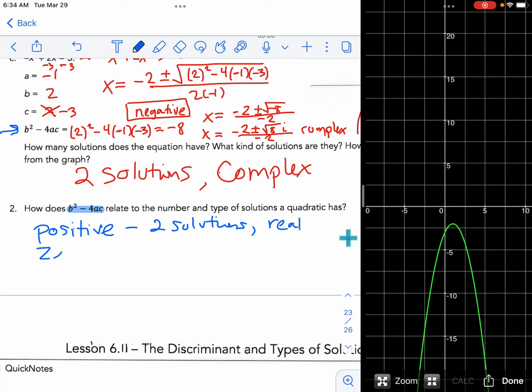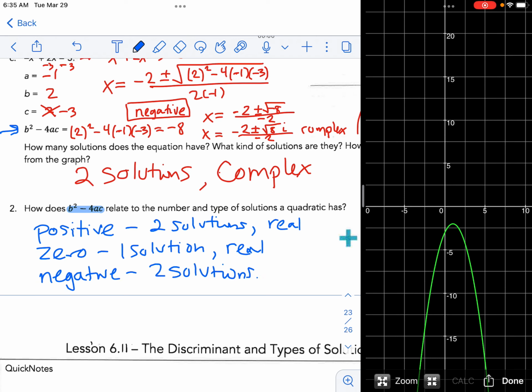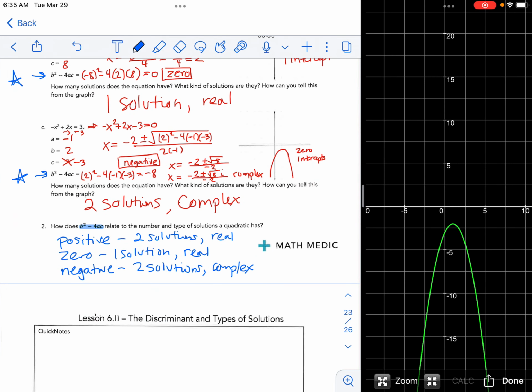And if that discriminant is 0, we're going to have 1 solution, just like that second example, and it's still going to be a real number. And if that discriminant is negative, we're going to have 2 solutions, but they're going to be complex. And what that means is that quadratic is not going to intersect the horizontal axis at all.